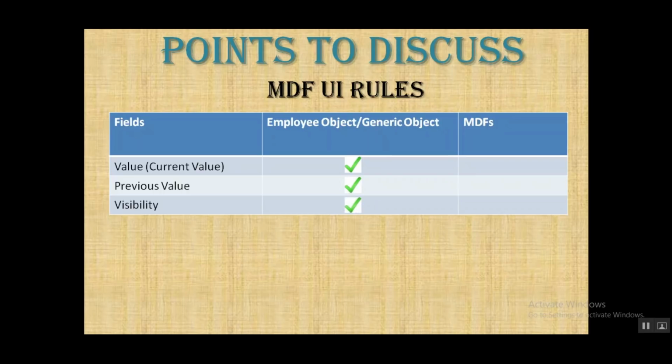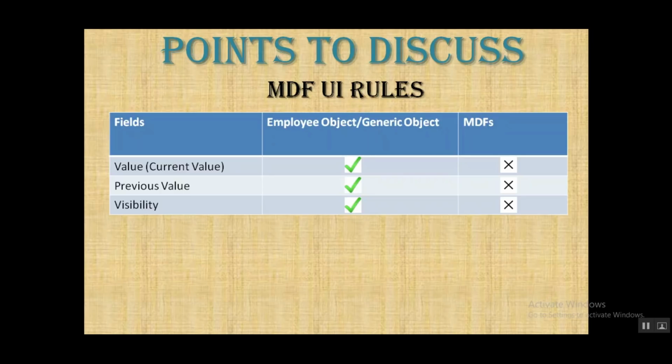But if we want to apply the same kind of rule for the MDFs, existing MDFs or custom MDFs, how do we do that? Because for those MDFs, these model base objects are not available to write the business rules. And as the model base objects are not available, these fields, the current value, previous value, or visibility, are not available for those objects.